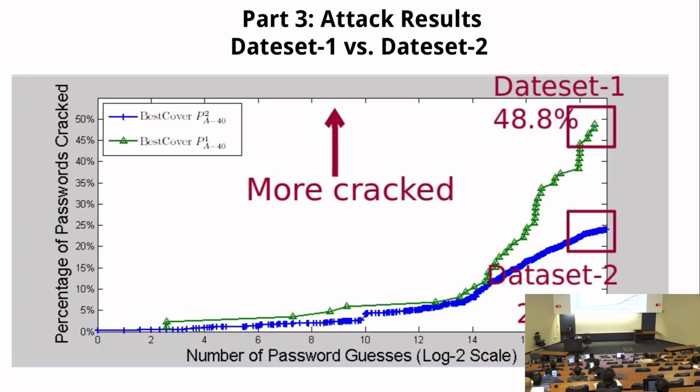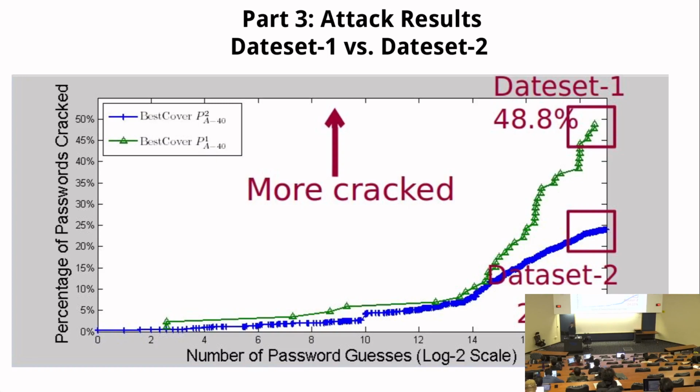So this slide shows how many passwords we can crack using our approach. The green line is using the best cover algorithm for dataset 1, the blue is for dataset 2. As you can see, in dataset 1, with 2 to the power of 18 or 19, so how big is that? It's maybe 500,000 guesses.